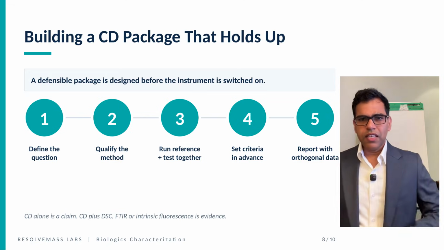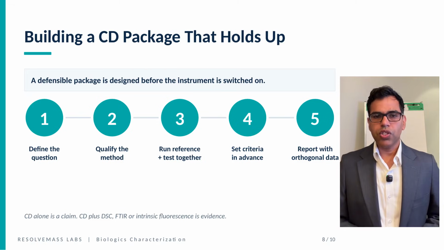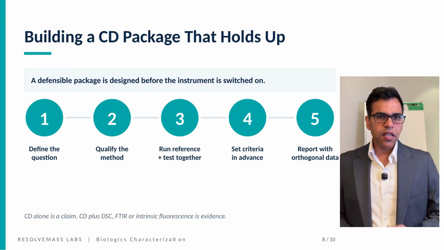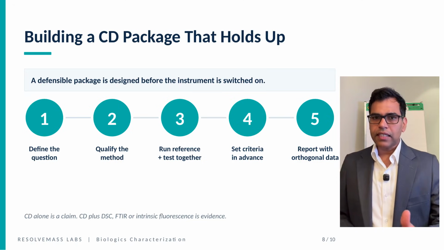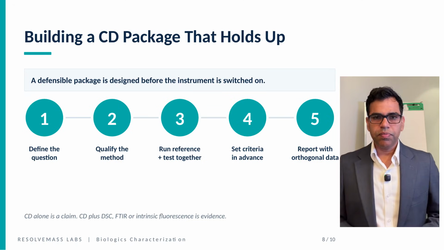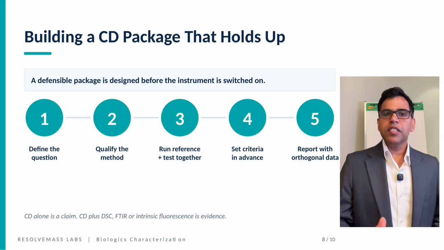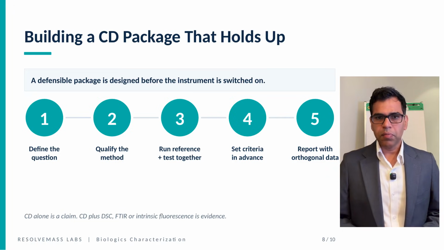Which is why a defensible package starts before the instrument is switched on. Define the question, identity, comparability, or similarity, because that decides everything downstream. Qualify the method for that purpose: linearity, precision, signal to noise, and a sound concentration method beneath it.